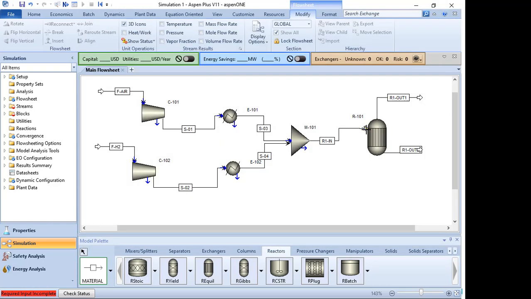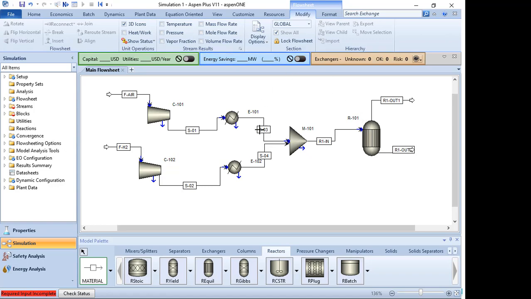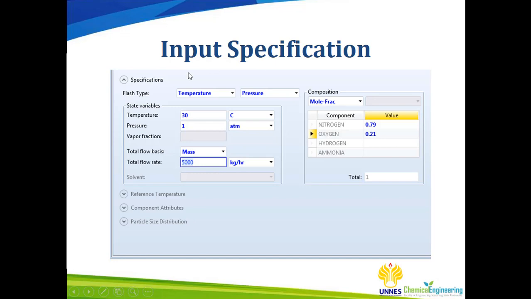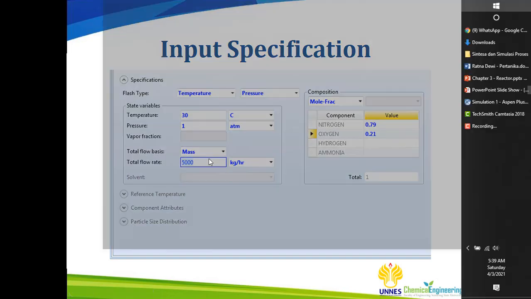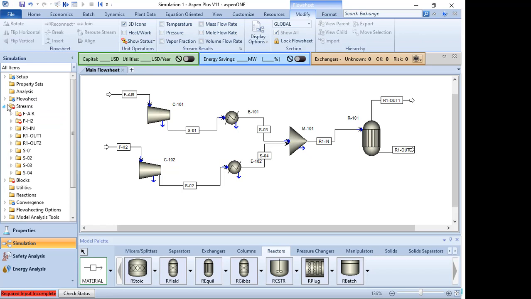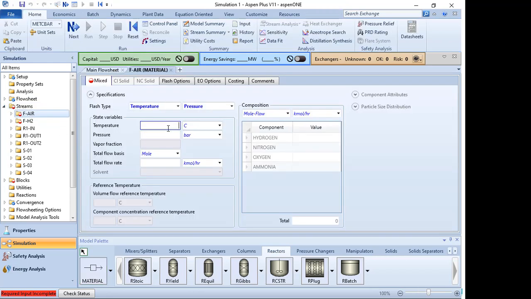And after that, what are we going to do? Let me see. You have to input the specification for the air. So you can go to the stream and then go to the FR, and you put the information in here. The temperature is 30 degrees C. The pressure is 1 atm.